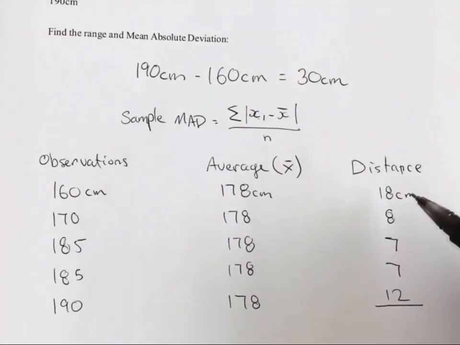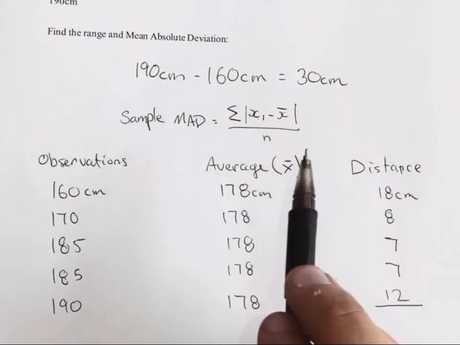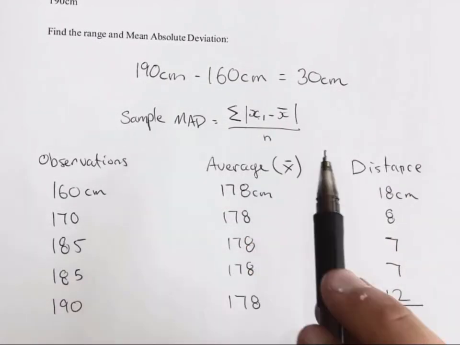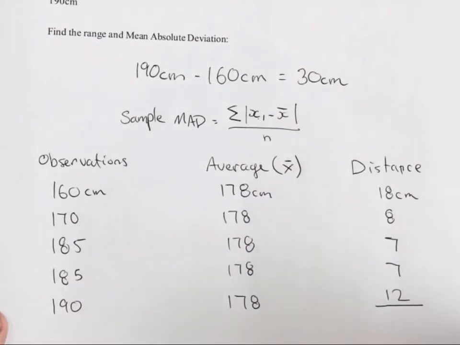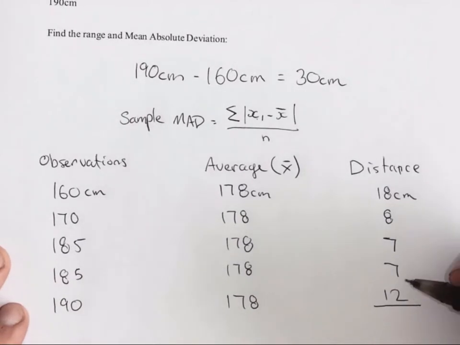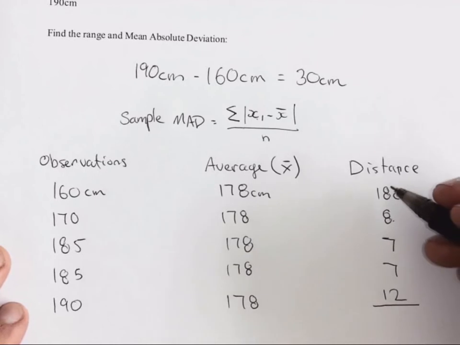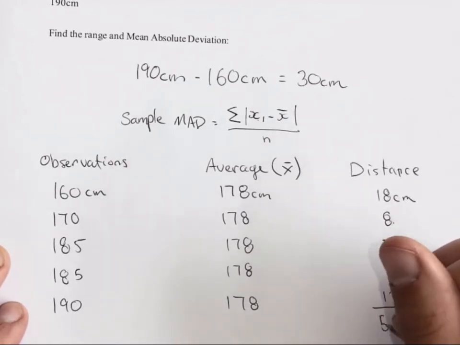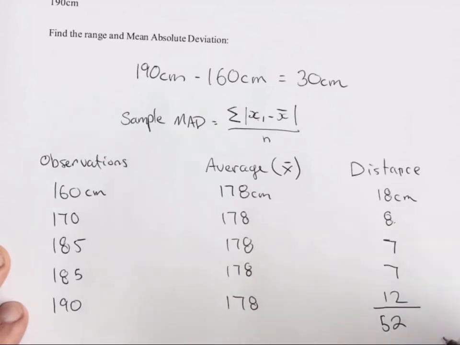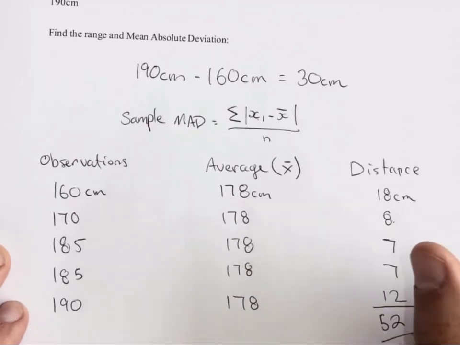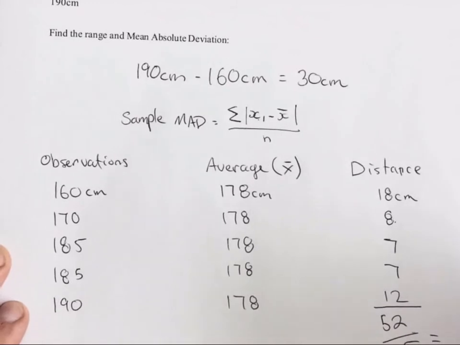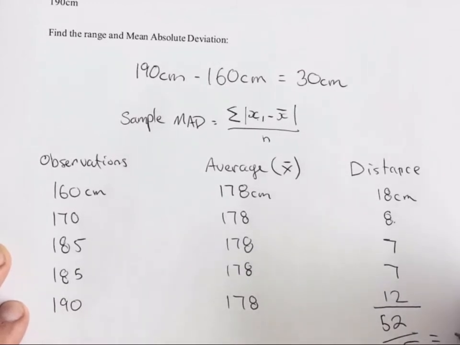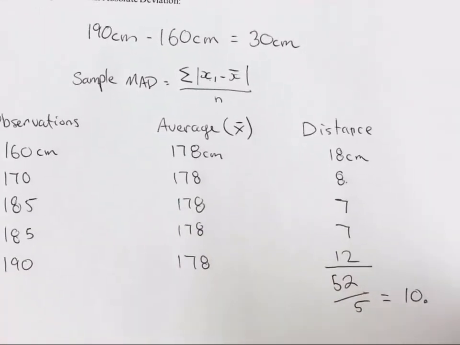Now we can add this up to get a total distance, and then we divide it by the total of our sample, which is 5. 52 divided by 5 equals a mean absolute deviation of 10.4, right?